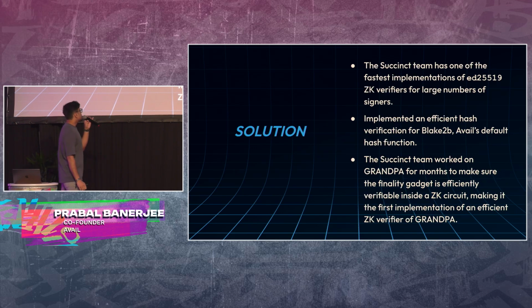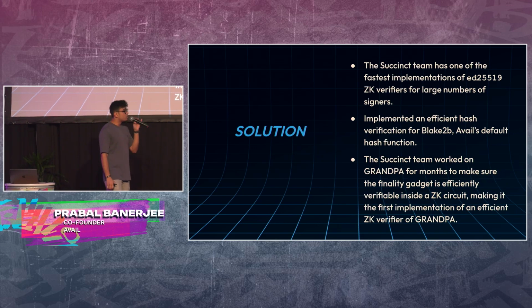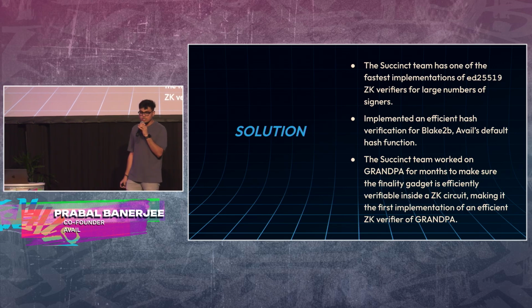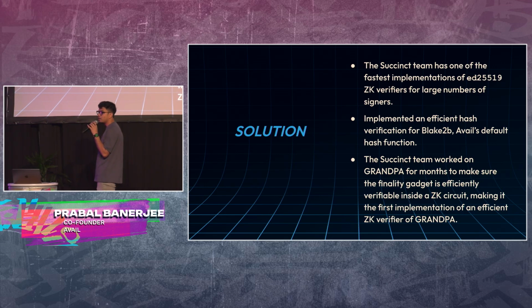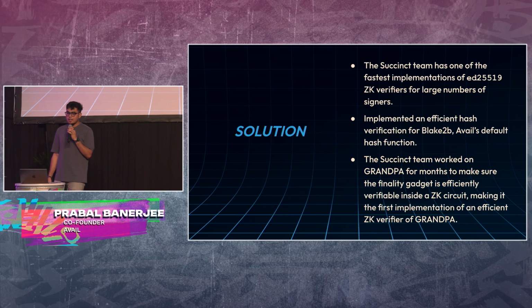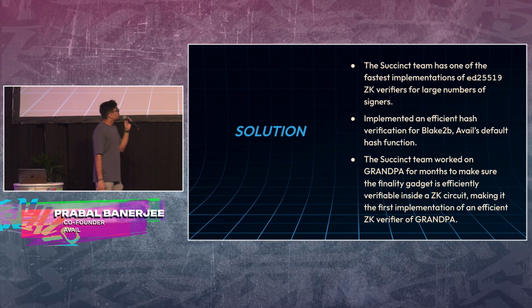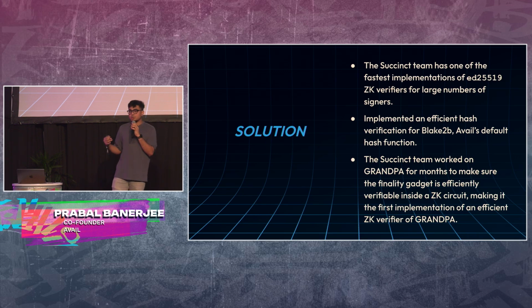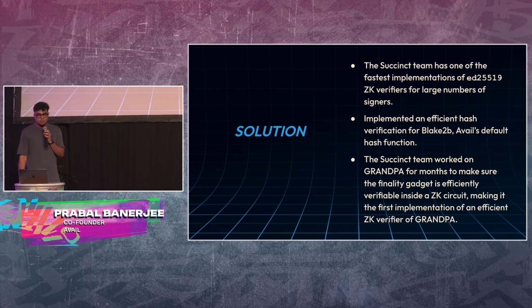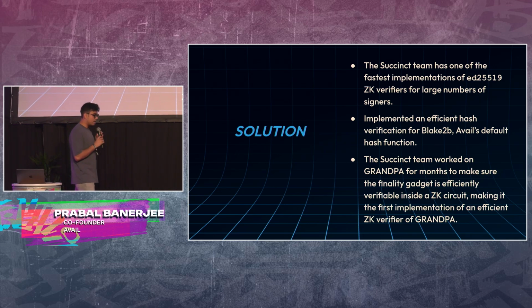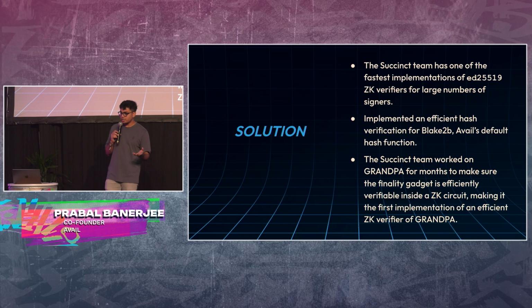Now, what's the solution? Succinct had one of the fastest implementations of Ed25519 verifiers inside ZK. They also had a Blake2B verification that is possible today in production at a very efficient level. Blake2B, as you know, is used as the hash function in Substrate chains.